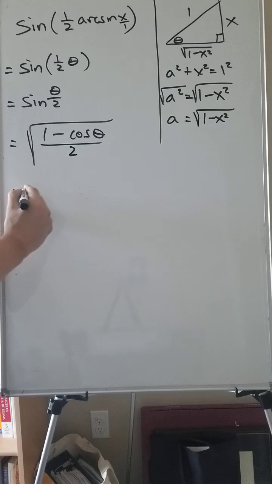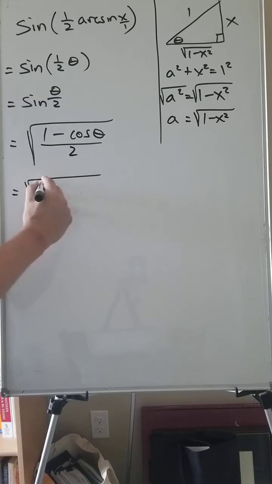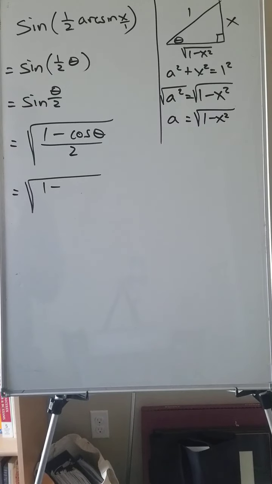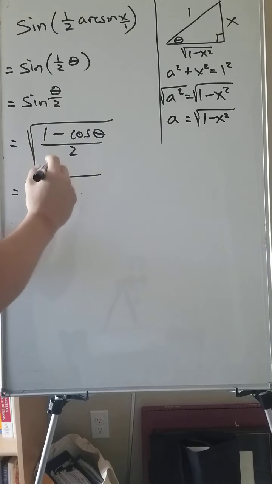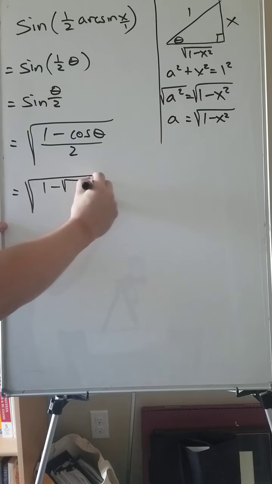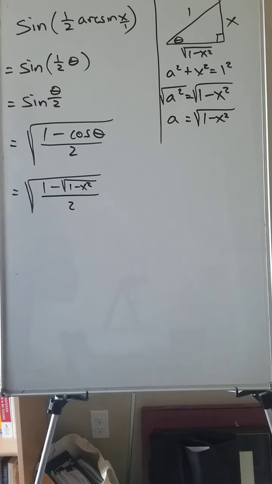So this is the square root of 1 minus, well, what's cosine of theta? Cosine of theta is adjacent over hypotenuse, so it's the square root of 1 minus x squared, and then over 2. And that's it. Nothing really to simplify there. I'll just leave it like that.